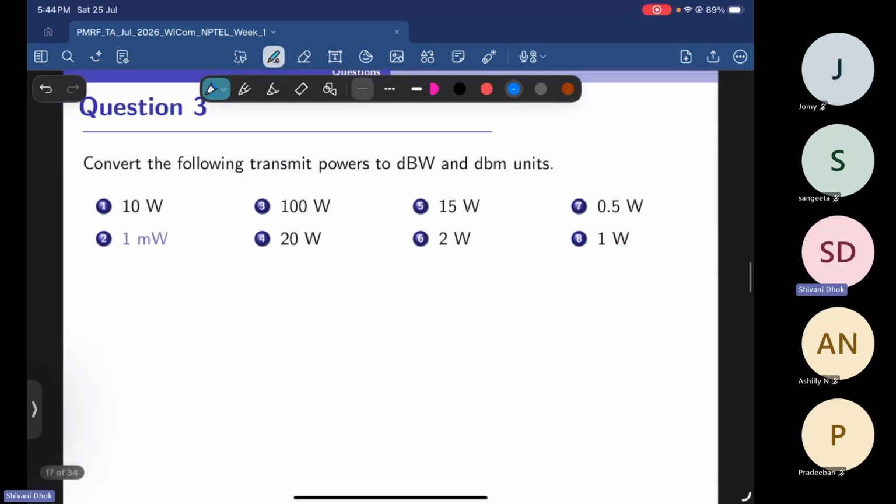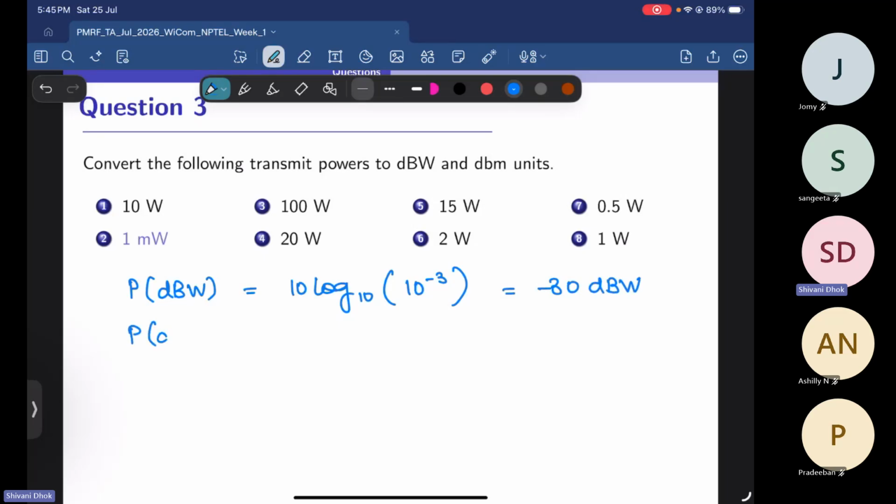This is dBW. So power in dBW, you have 1 milliwatt. So you have 10 log to the base 10, 1 milliwatt, so that is 10 raised to minus 3 watts. So this is nothing but minus 30 dBW, and this in dBm is minus 30 plus 30, that is 0 dBm.